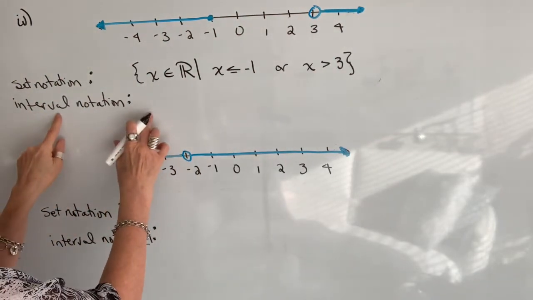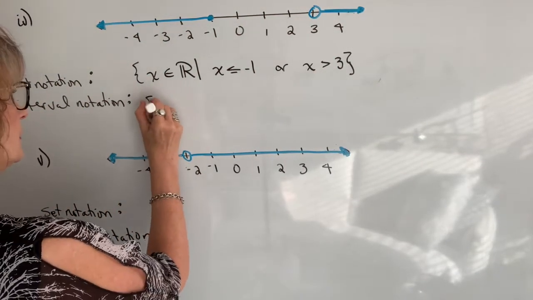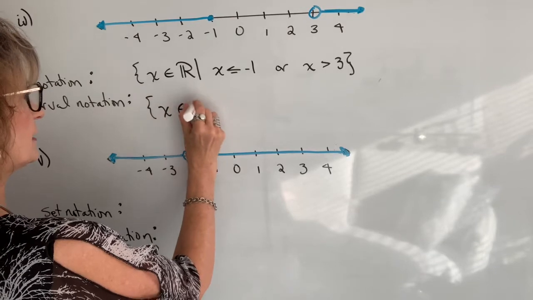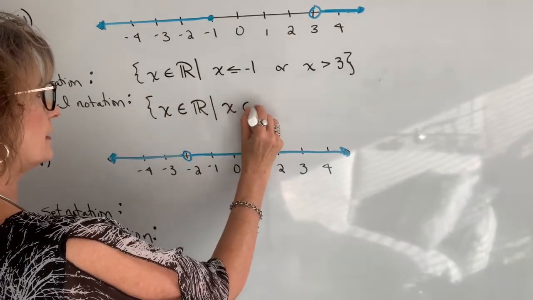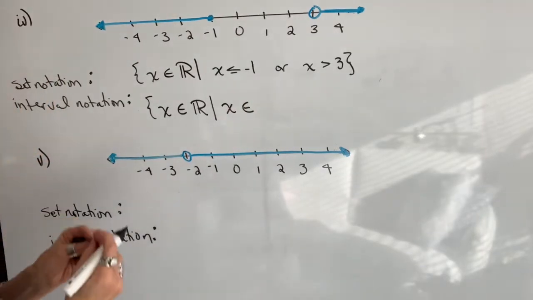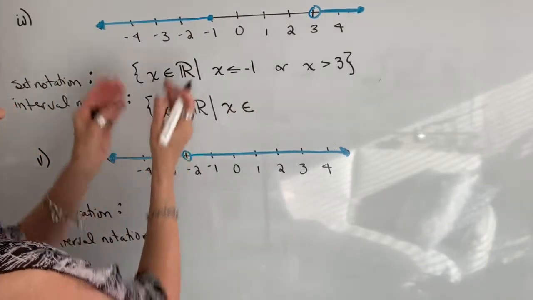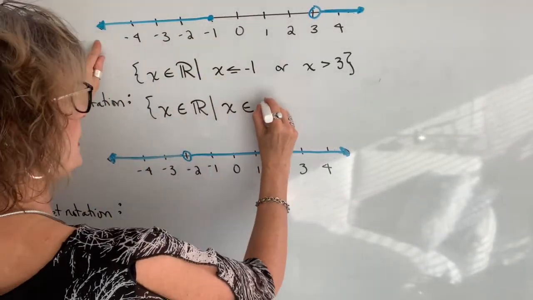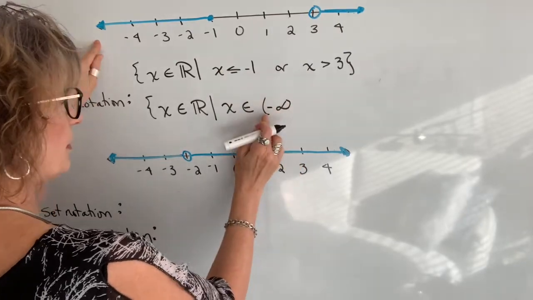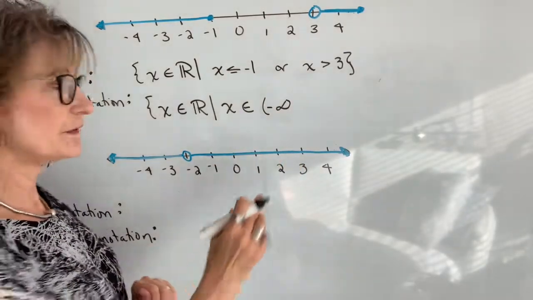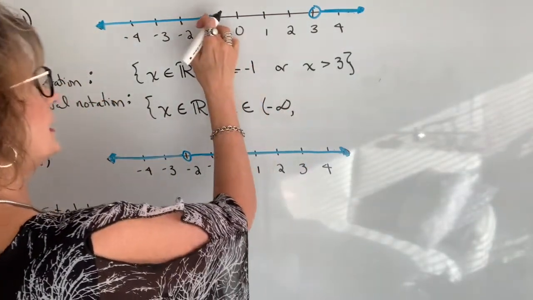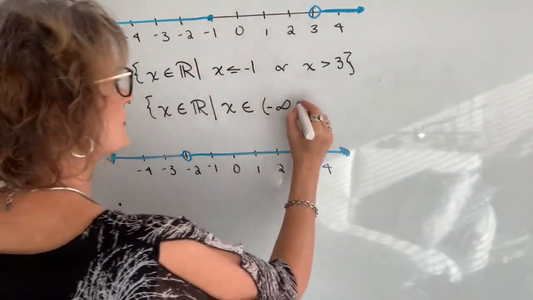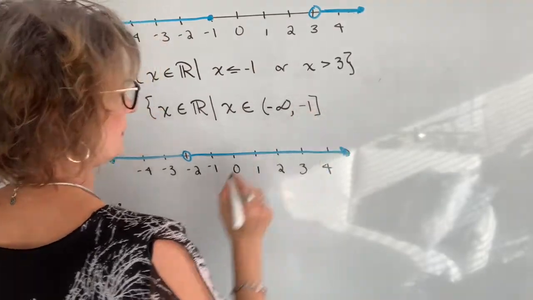If we were to do it with interval notation, x is an element of the set of real numbers such that x is a member or an element of the first interval, which we would indicate as negative infinity. Remember, when you're using infinity or negative infinity, it's a round bracket because it's not a specific point. It includes -1, so we use a bracket instead of parentheses.